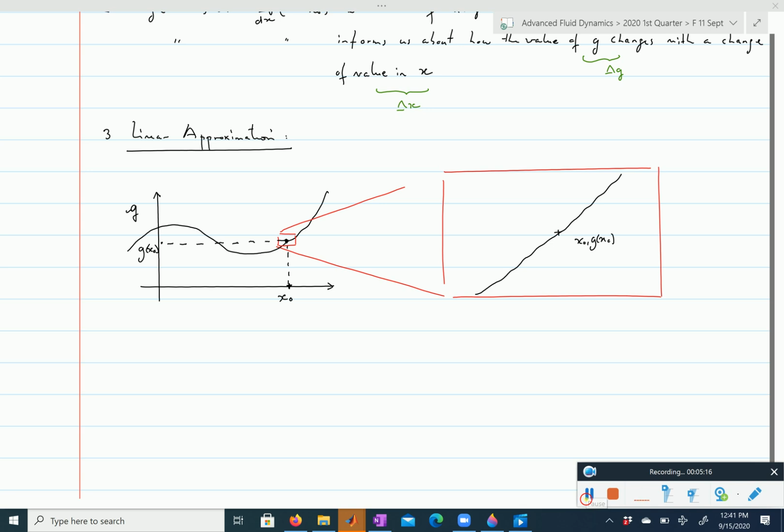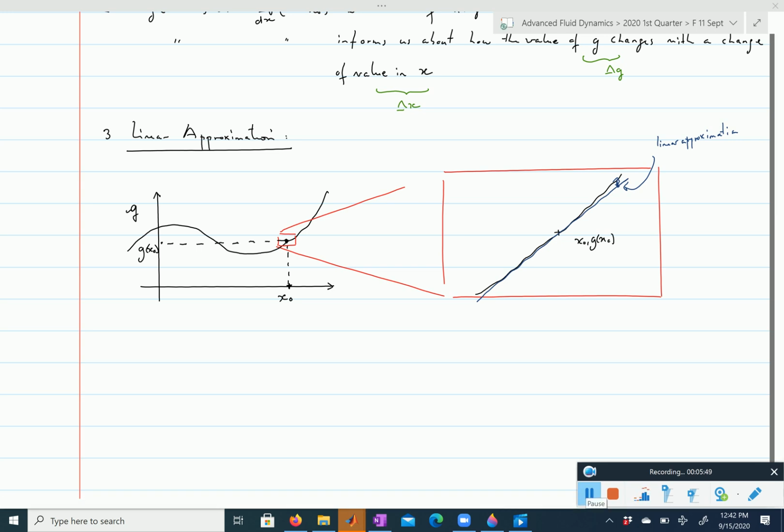So here, the linear approximation will be this straight line here. And when you do a linear approximation, then you assume that the value of your function is really close to the value of this linear function, because this distance between the real value of the function and the linear approximation is very small.